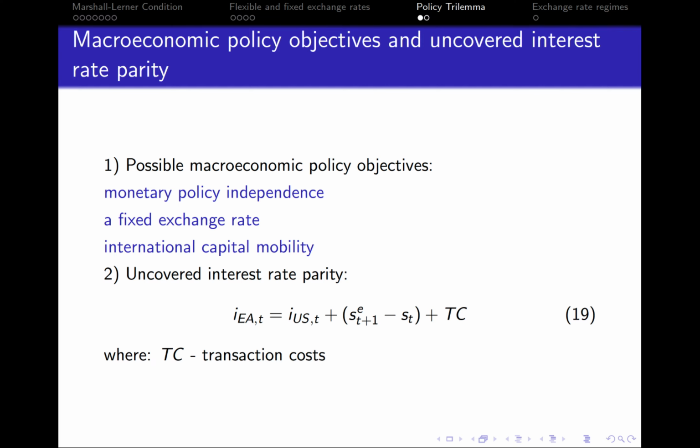Okay, and now let's put these three macroeconomic policy objectives in a context of uncovered interest rate parity. Look, from our previous discussion, we know that uncovered interest rate parity says that interest rate in euro area at time t is equal to interest rate in United States at time t plus expected appreciation of the currency. Now, what we're gonna add to this equation is transaction cost. Transaction cost on simply allocating funds in different countries.